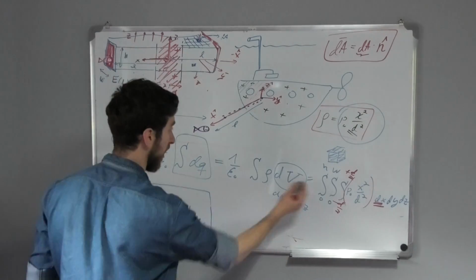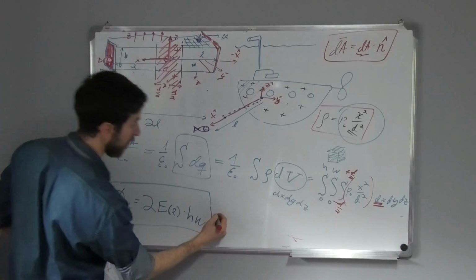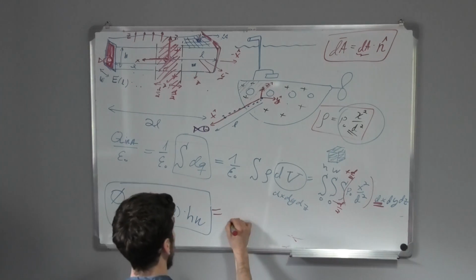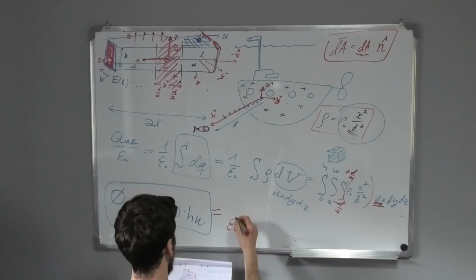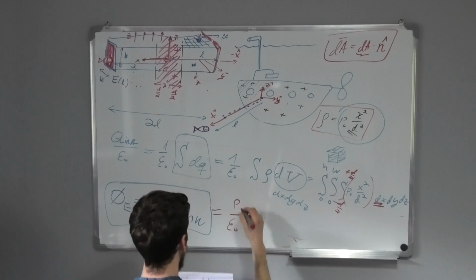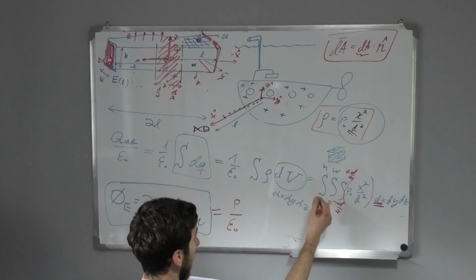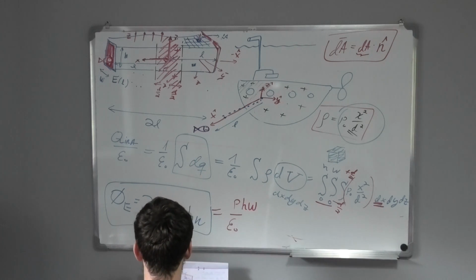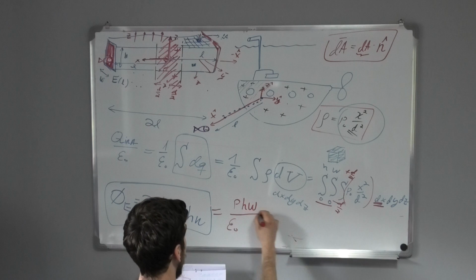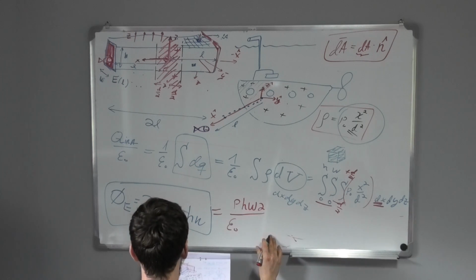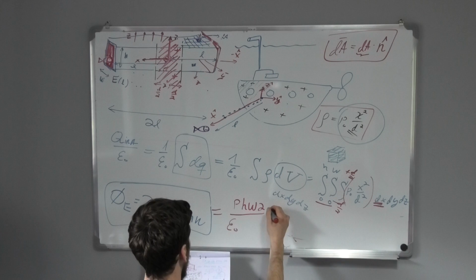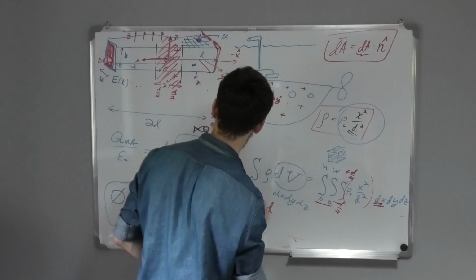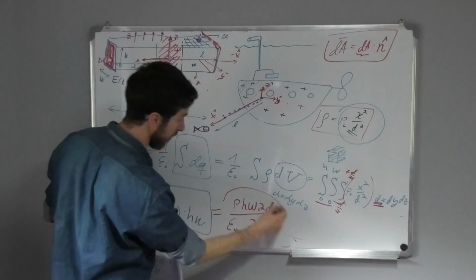So I write here, equal to 1/epsilon 0, rho goes outside, right? This integral gave me hw, so I have here hw. And when I'm solving the integral, I'm getting also d squared over 4 times 2. That's the result of that one. So this one is actually equal to this one.